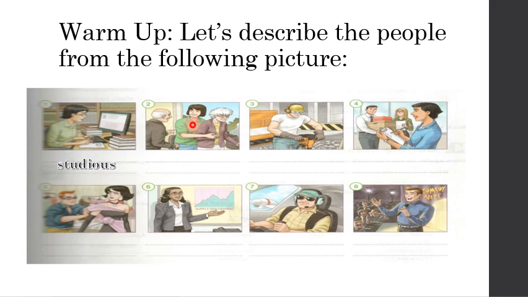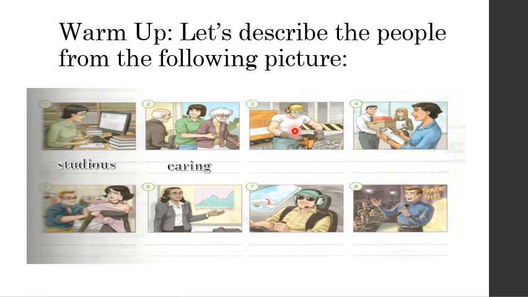Okay, so if you describe her character or personality, probably she is caring. Okay, she is caring. If you look at this picture, you can easily describe that she is caring. Alright, so number 3.